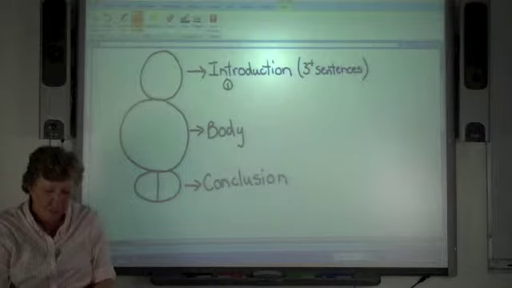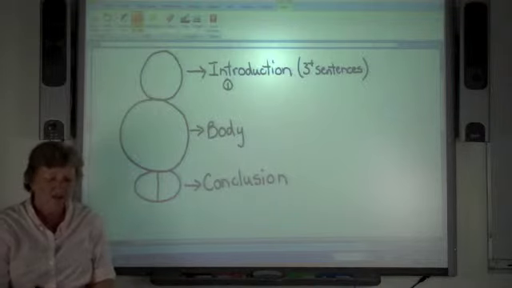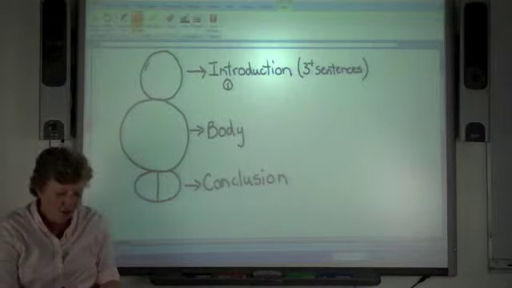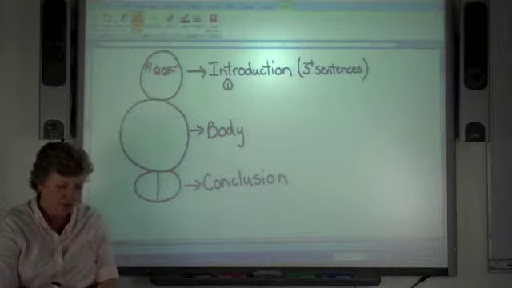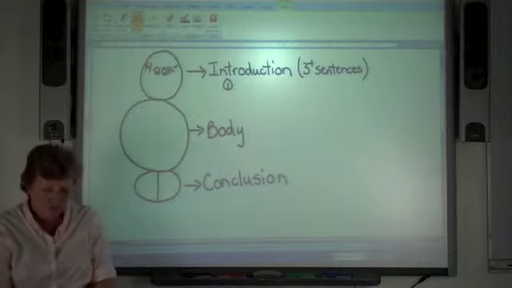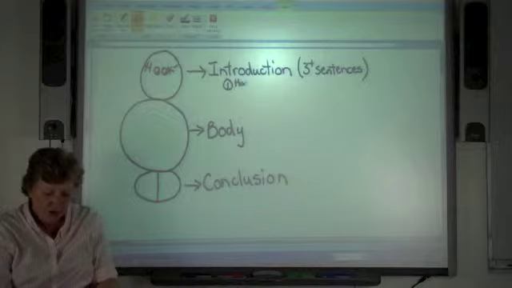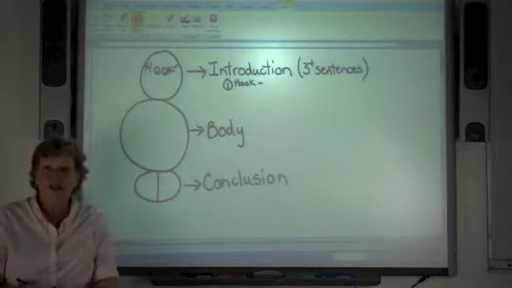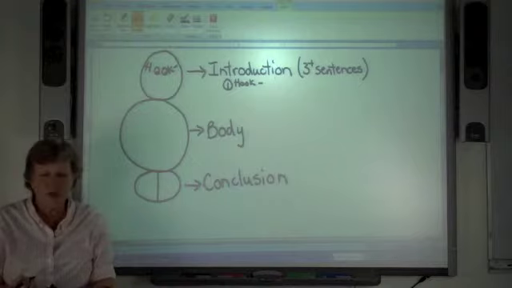Do you remember what the first sentence is called? Yes, it's called the hook. And I'm going to make this into the snowman's eyes. And he can wear glasses. Here he is. He's wearing glasses. That's the hook. The hook is probably the most important sentence of the essay, because you have to grab the reader's attention.